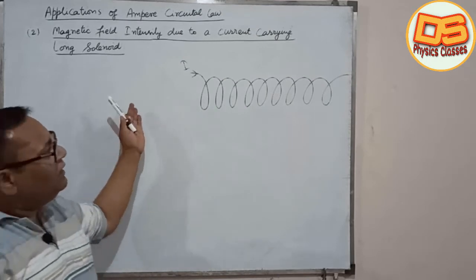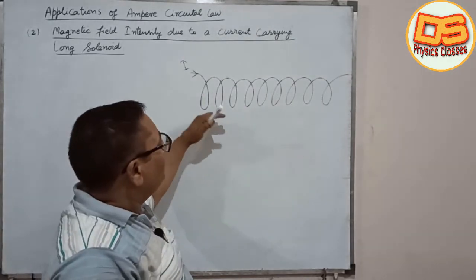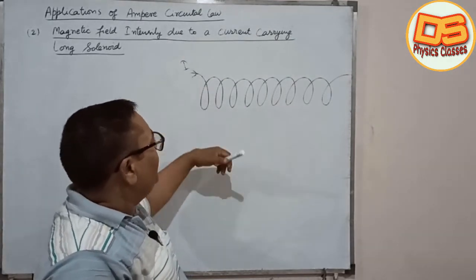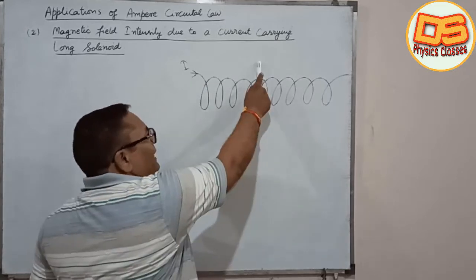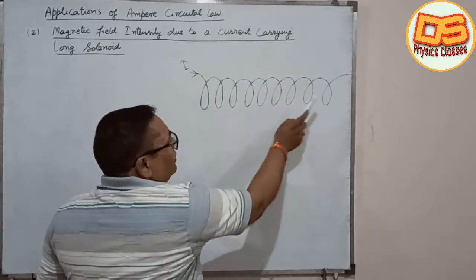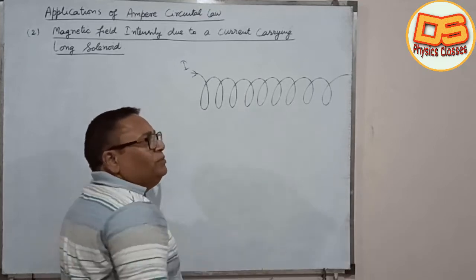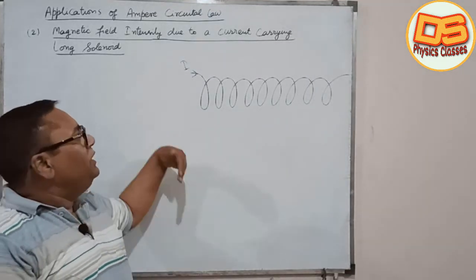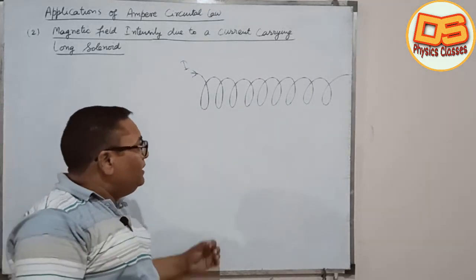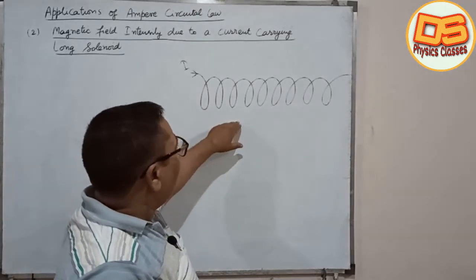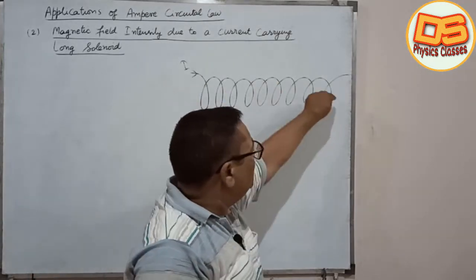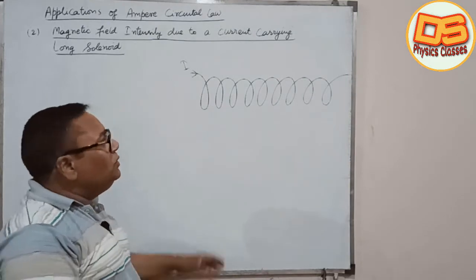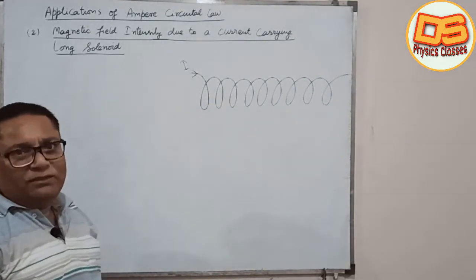Then what is the magnetic field intensity due to the solenoid? The point may be outside the solenoid, at the ends of the solenoid, or inside the solenoid. In general, in the case of a long solenoid, the magnetic lines of force are parallel to the axis of the solenoid.